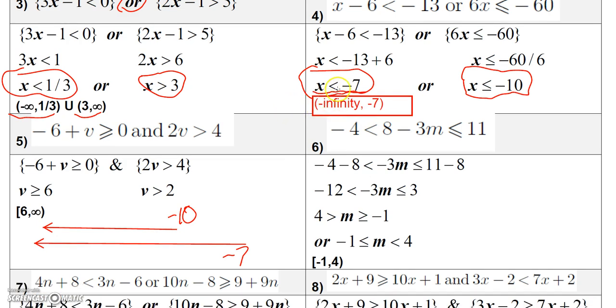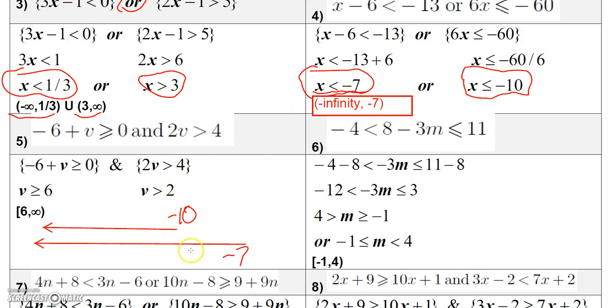Okay, so let me go back to this. I had to make a correction there, but if you look at the number line, take a look down here. Negative 7 would be everything from negative 7 to the left. And x is less than or equal to negative 10 would be everything from negative 10 to the left. Since this says "or," then you must include all values.